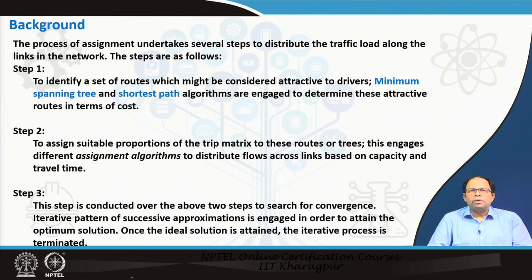After each iteration there are adjustments to the travel time along the link as well as the capacity, and with each iteration we gradually come to a point where there is an optimum solution, or we can even say that some amount of equilibrium is established. Once the ideal solution is attained, the iterative process is terminated, and this step is conducted over and above the two steps to search for convergence.